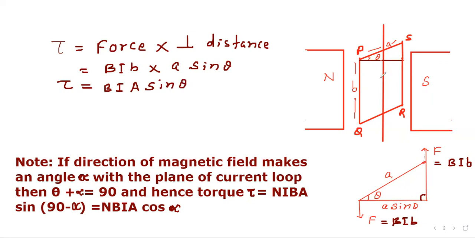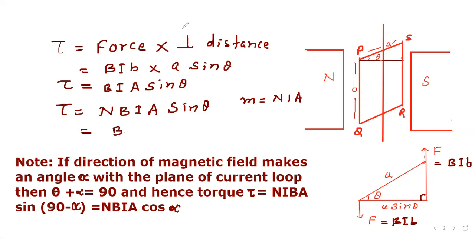If there are n turns in the loop, then torque will be equal to n times BIA sine theta. We can define magnetic moment M, which is equal to NIA. So this will become MB sine theta.